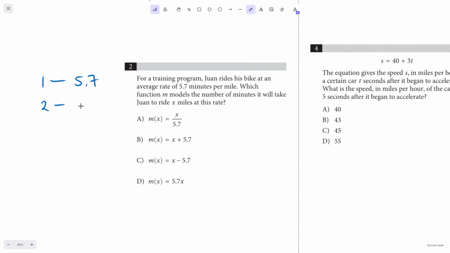Well, we multiply 5.7 by 2 and we get 11.4 minutes. So how long does it take for Juan to ride x miles? Well, it takes 5.7 multiplied by x minutes. And the function that correctly displays this equation is option D, M of x equal to 5.7x.